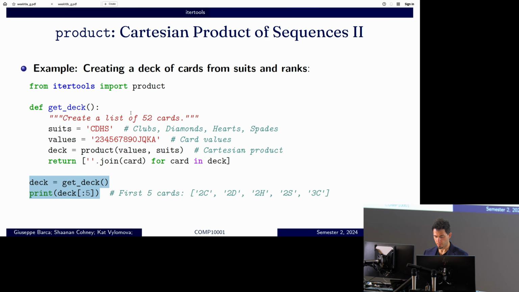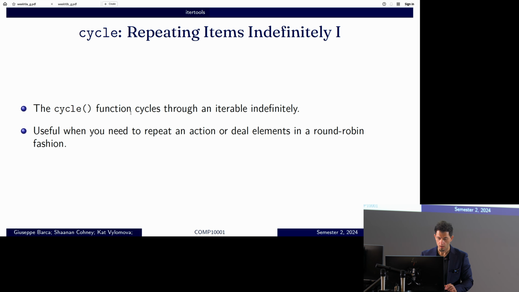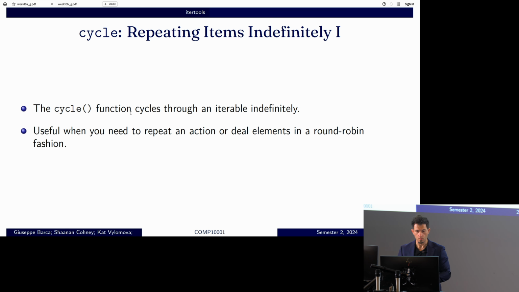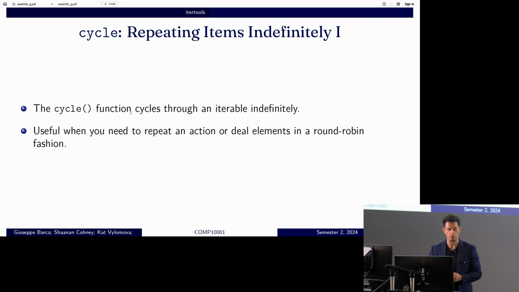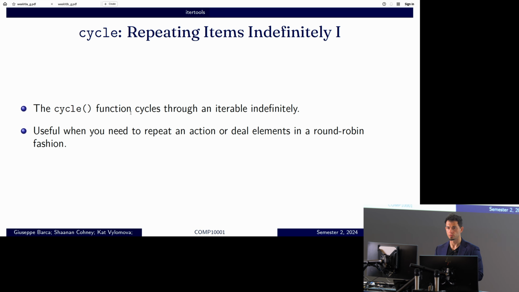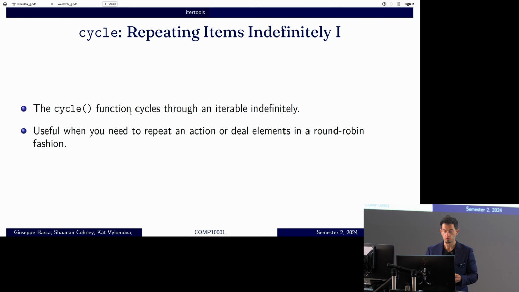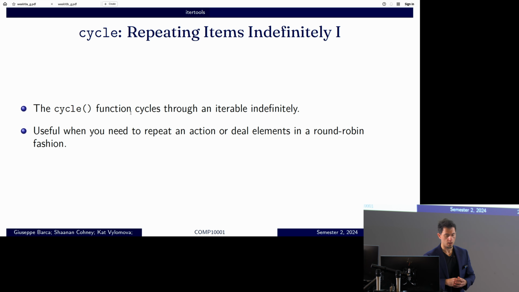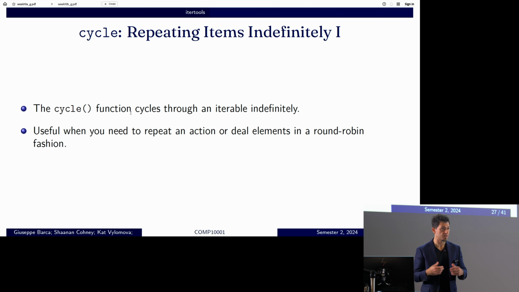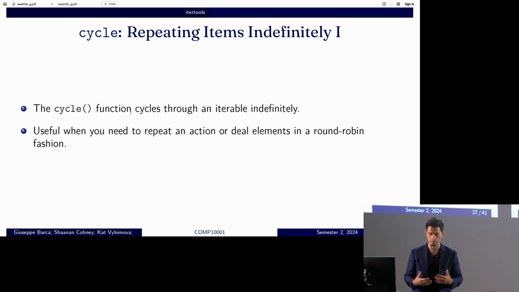Now let's go over the cycle function. What we do here is to provide a function that allows us to cycle through an iterable in an indefinite way. This is typically useful when you have to do, for example, round-robin scheduling or repeating actions in a loop multiple times.